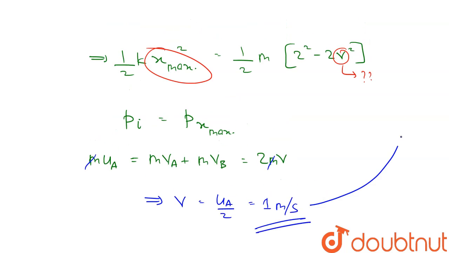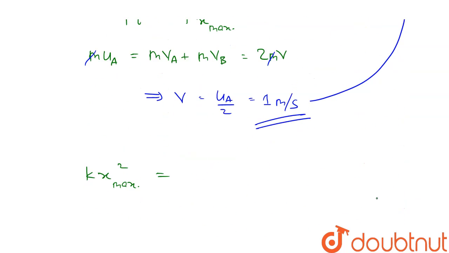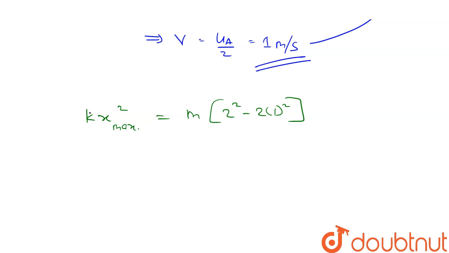The value of V can be put in this equation, and therefore we get k x max square is equal to m into 2 square minus 2 into 1 square. Inserting the values, k is 50 Newton per meter into x max square is equal to mass 1 kilogram into 4 minus 2.